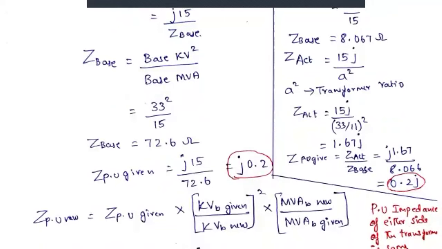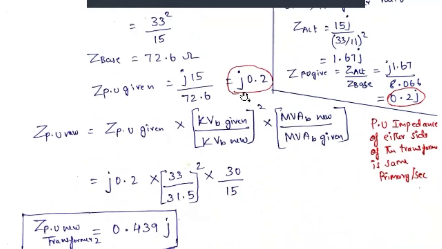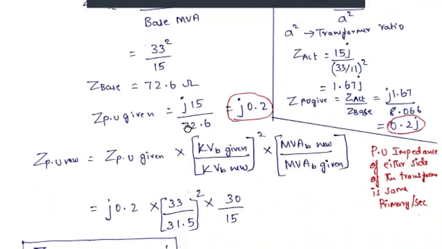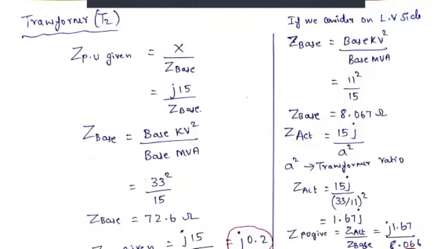Next, Z per unit new is equal to Z per unit given into KVB given divided by KVB new, the whole squared, into MVA base new divided by MVA base given. So you substitute. Z per unit given, what we calculated, that is 0.2 J, into KVB given, that is 33, divided by KVB new, we calculated as 31.5.